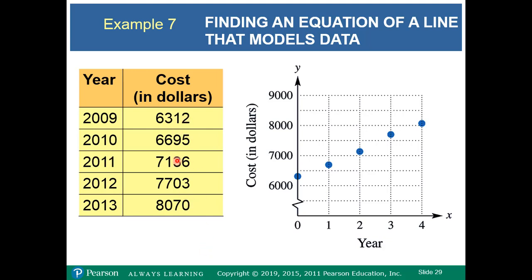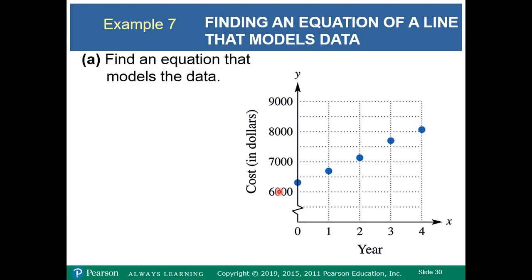This table represents the values, and these dots represent each ordered pair, where the x-axis represents years after 2009, and the y-axis represents the cost in dollars of tuition and fees for the public four-year college. So we can definitely use a linear model to represent this data.